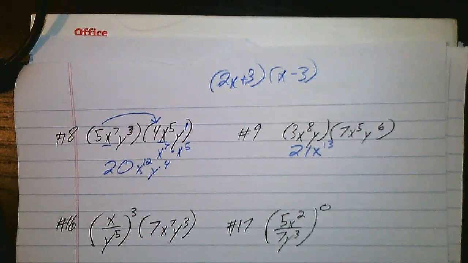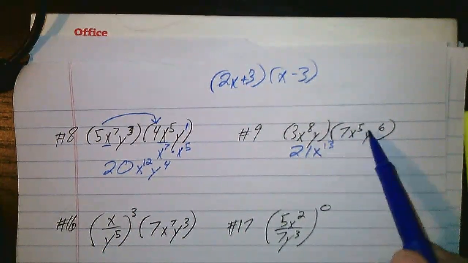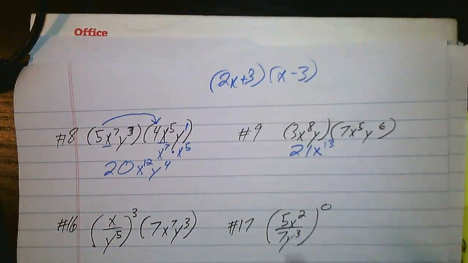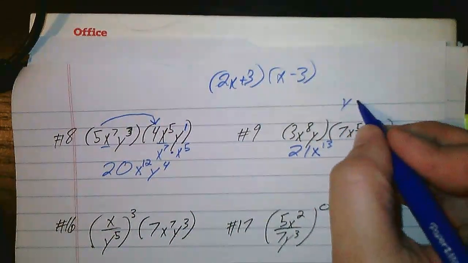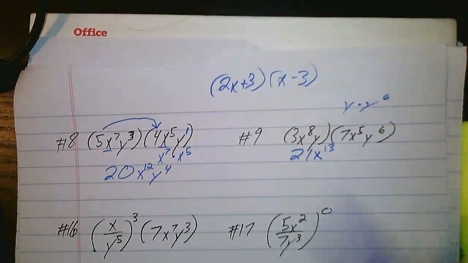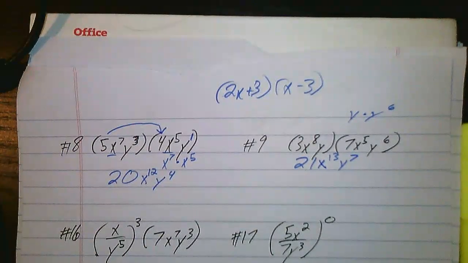Students will sometimes get the process confused and perhaps add 3 and 7 just like they're adding the exponents. But we're just multiplying this term times this term. So take the pieces off to the side if you need to think about it like that. Y times y to the 6th is y to the 7th.